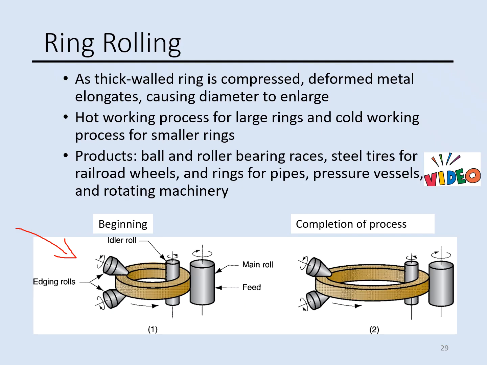As you see, this one is larger than this small ring, and normally this process requires high temperature, so this can be done in a hot working environment. Products are ball and roller bearing races. Also, it can be used for pressure vessel and rotating machinery.